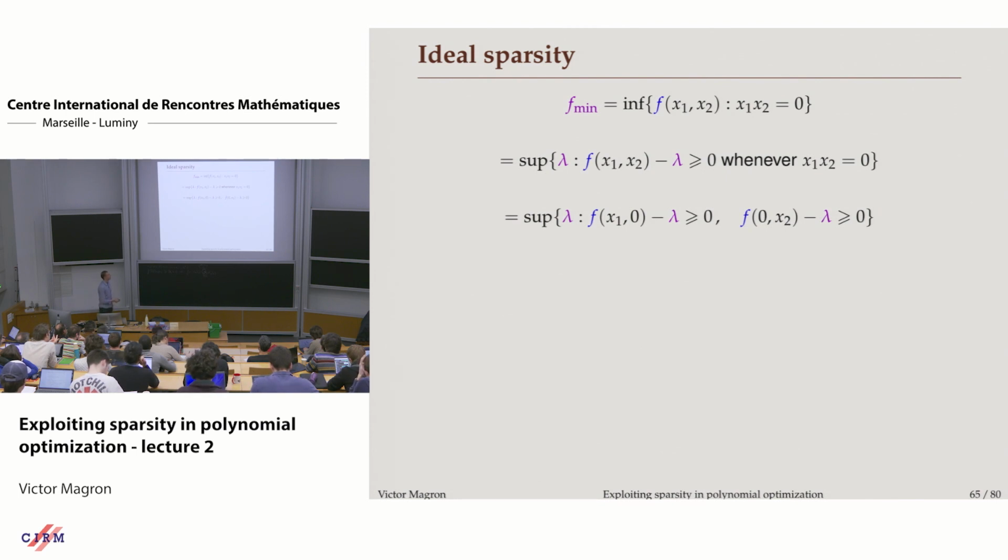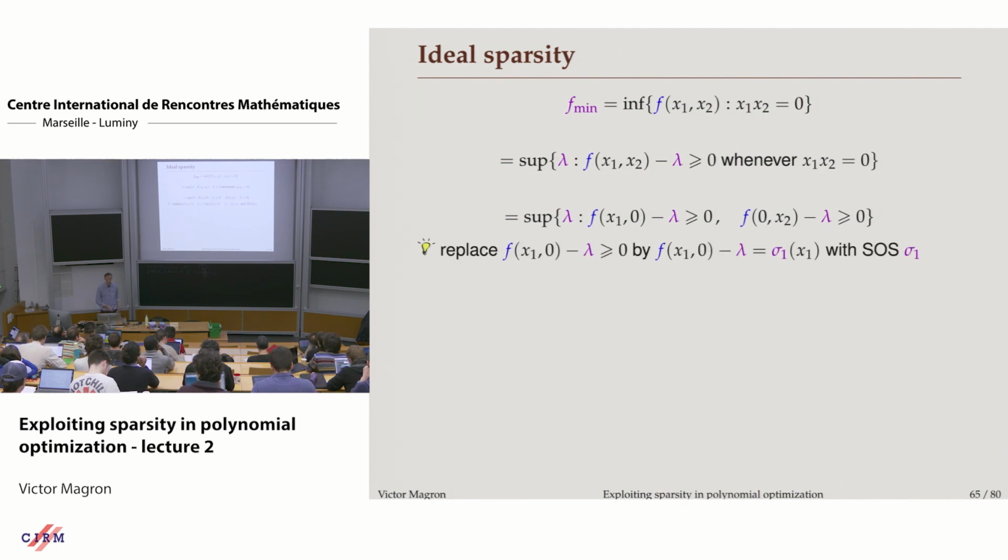You say, okay, I either have x1 equal to 0 or x2 equal to 0. So I need to maximize both lower bounds in any case. But then what you see is that this only involves one variable instead of two. And then you can, as usual, replace this non-negativity condition by a sum of squares condition.